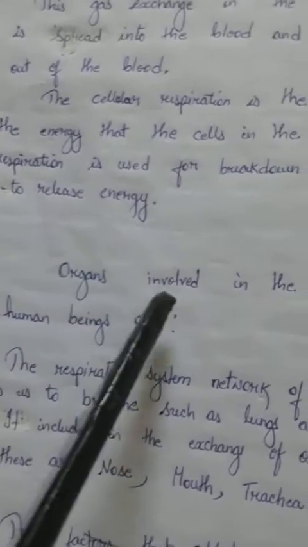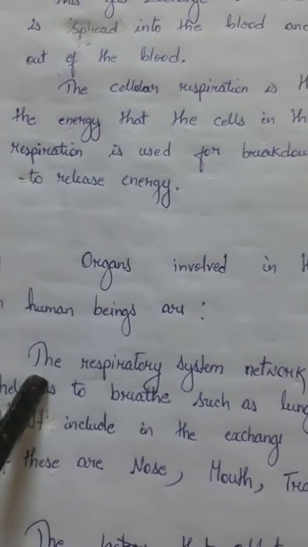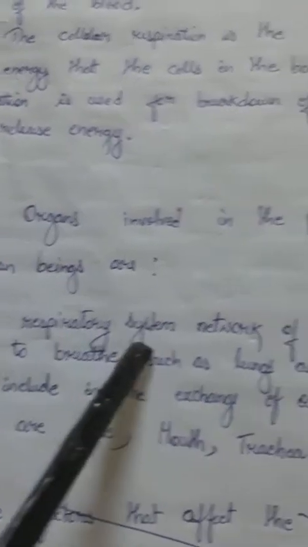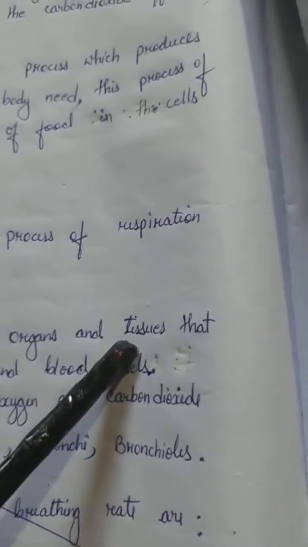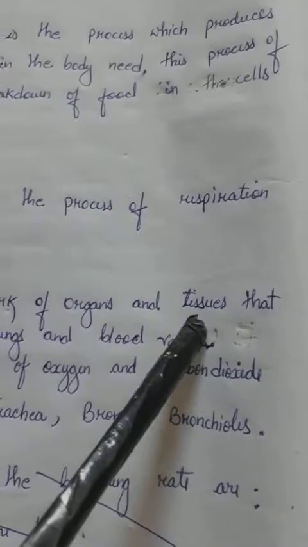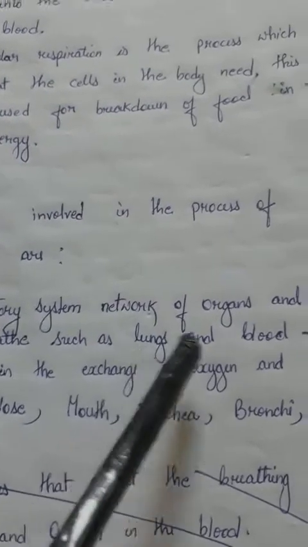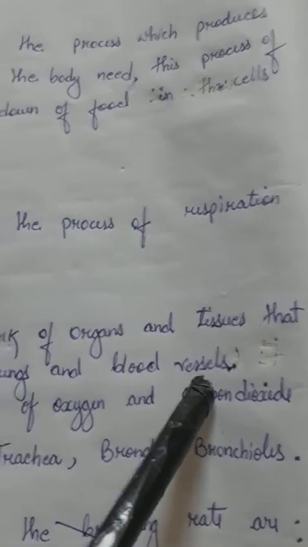Organs involved in the process of respiration in human being are, point number 1, the respiratory system, network of organs and tissues, T-I-S-S-U-E-S, tissues, that help us to breathe, such as lungs and blood vessels. Full stop.